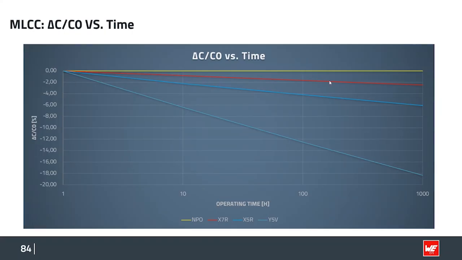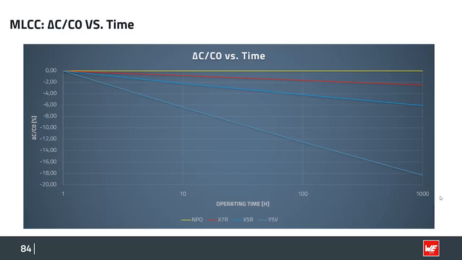But look what happened to the X7R, X5R, and Y5V, which I don't like, after just 1,000 hours of operation. Imagine what 1,000 hours is if you have an amplifier with a standby that is always connected to the power, 365 days, 24 hours.